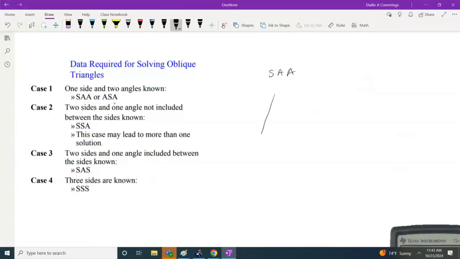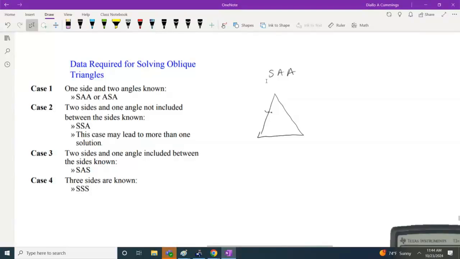Side angle angle. So what does that mean? These are just the dimensions I'm given. I'm given the measurement of a side length. So I'm just going to take any side and draw a tick mark through it. When I draw this little tick mark through it, that means that I should know this side length.